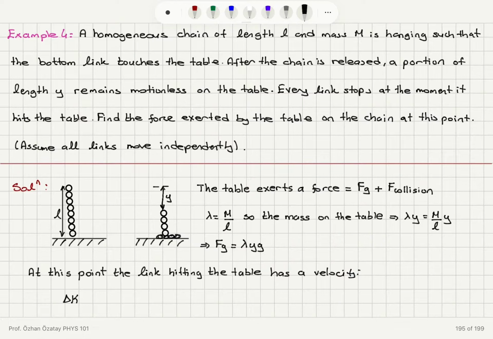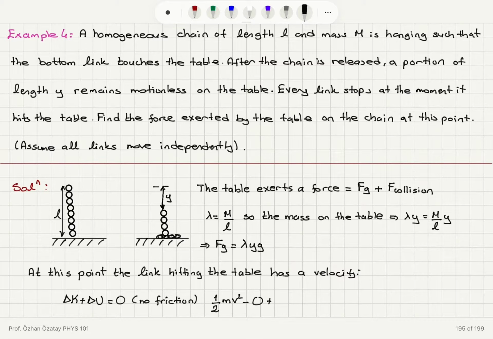The change in the kinetic energy plus the change in the potential energy is zero, because we have no non-conservative forces, no friction. So the link reaches the table with a velocity v, so 1/2 mv squared is its final kinetic energy, minus 0. It was released, therefore it initially had 0 velocity.